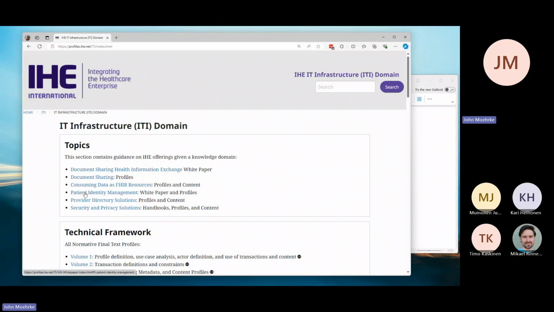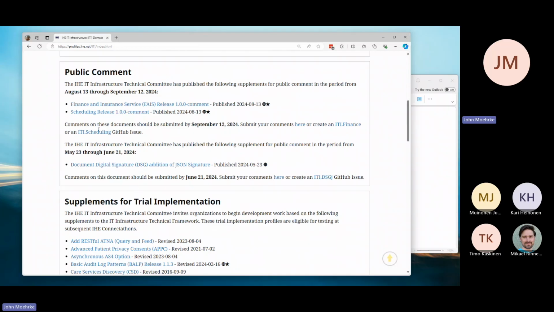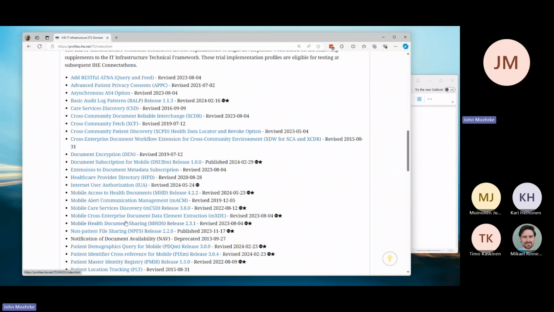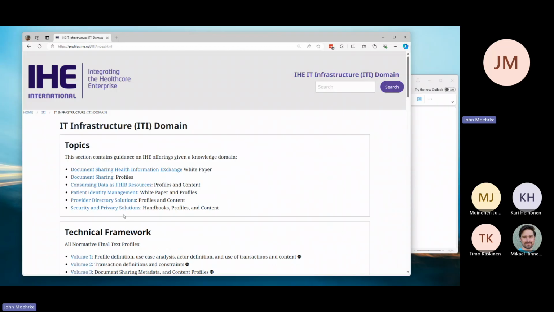We're going to be working through this patient identity management. This is where you'll find the final text, technical framework, current public comments, and the supplements that are in trial implementation, which everything we're going to talk about today is supplements in trial implementation.